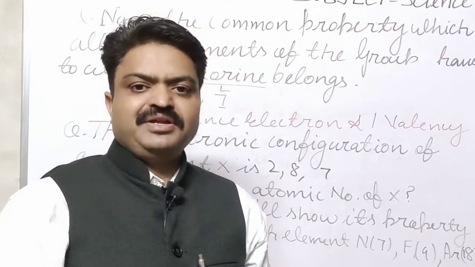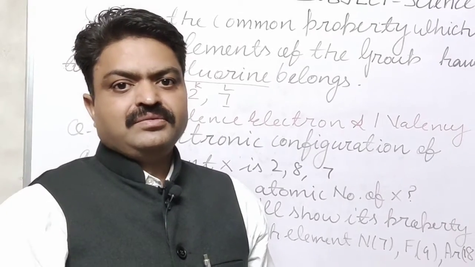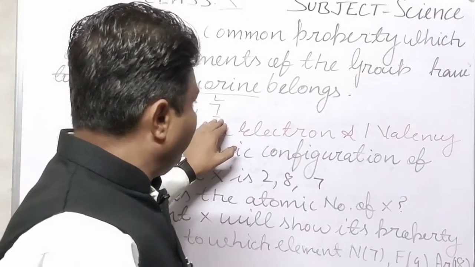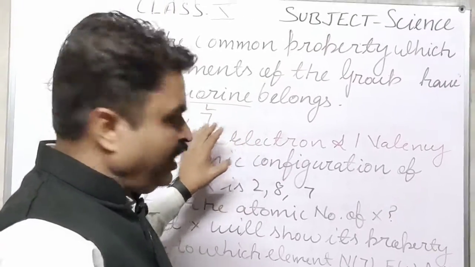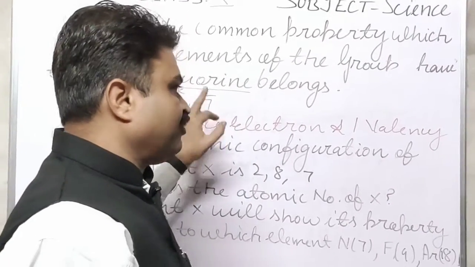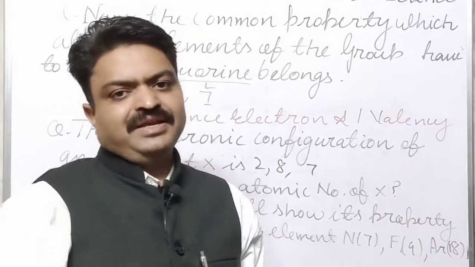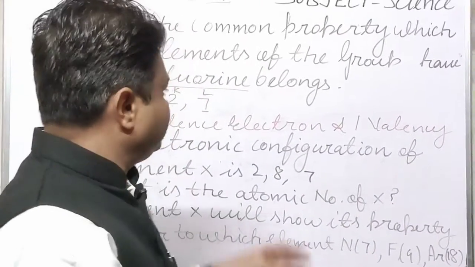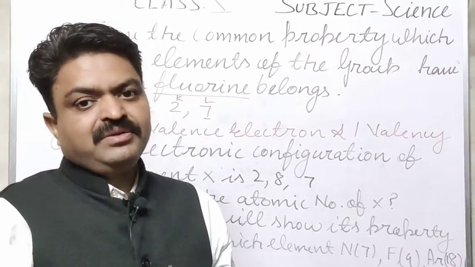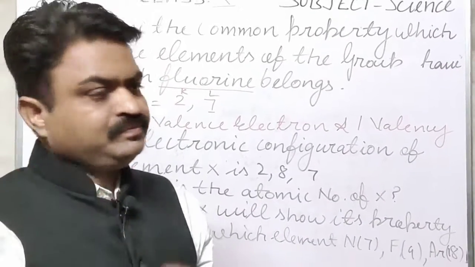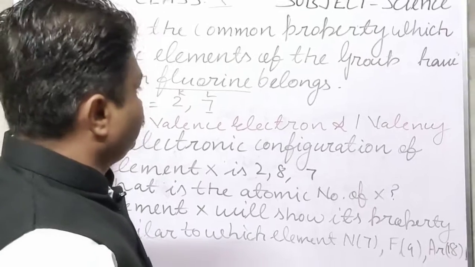It is group 17. With the help of the valence electrons we can also know about the valency. So what is the nature of fluorine, students? It is a non-metal and it comes in the halogen group. So this is the answer to this question.